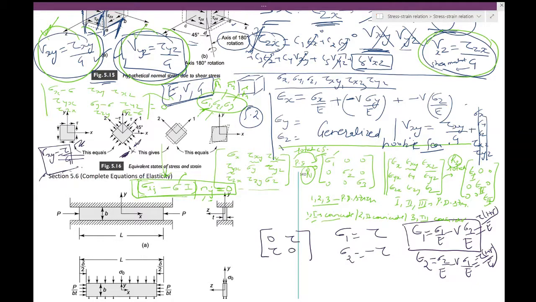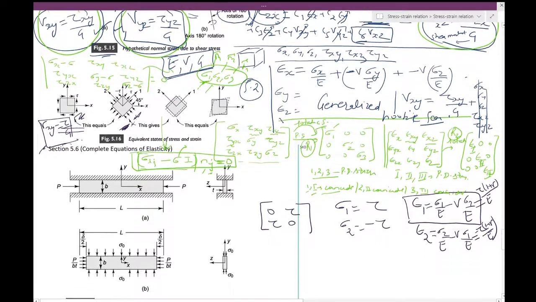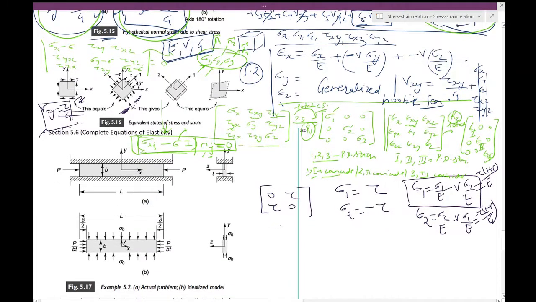Now upon use of the strain transformation formulas, we can express the shearing strain with respect to the xy axis in terms of the principal strain. So what you do now is, for this 1 and 2 you have found out what the strains are. So you have, say, epsilon 1, 0, 0 and epsilon 2.